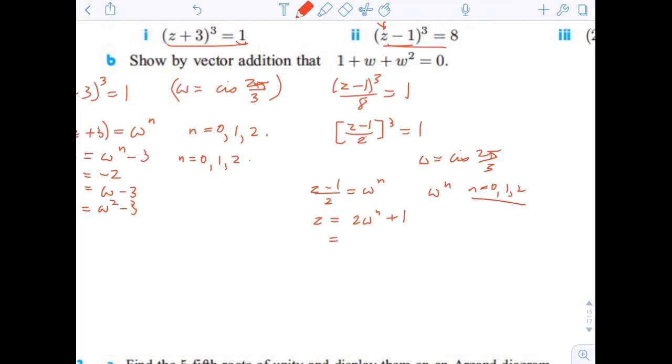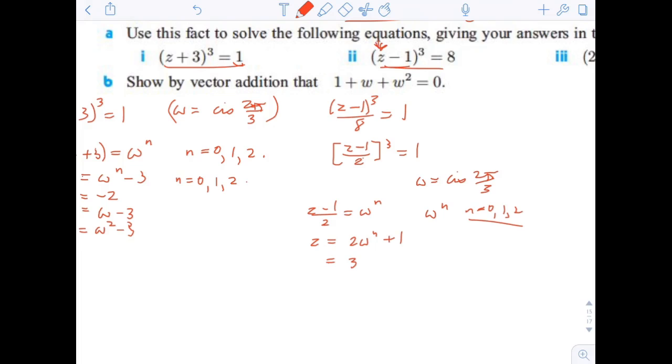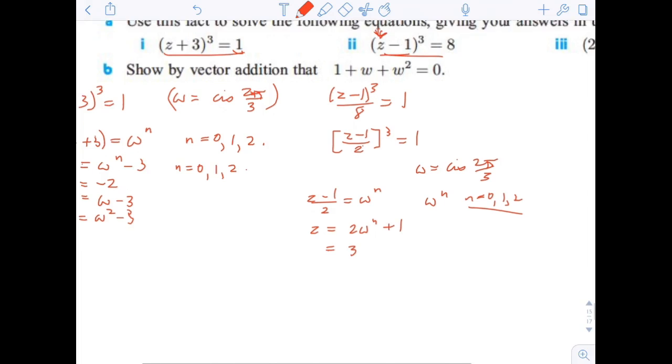And let's look at what the three solutions would be. One of the solutions would be 2 times omega to the 0 plus 1, which would just be 2 plus 1, which is 3. And we can see that if we did put 3 in here, we would get 3 minus 1, which is 2. 2 cubed equals 8, so that works, right?